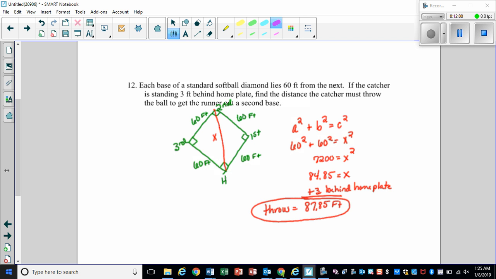If this is the home plate, the catcher might be 3 feet behind. And then, you just have to solve for the length from the catcher to the second base. So you do a squared plus b squared equals c squared. So you'll find x is 84.85, but you have to add 3 so that you know where it is exactly. Okay? That's what we have to do.